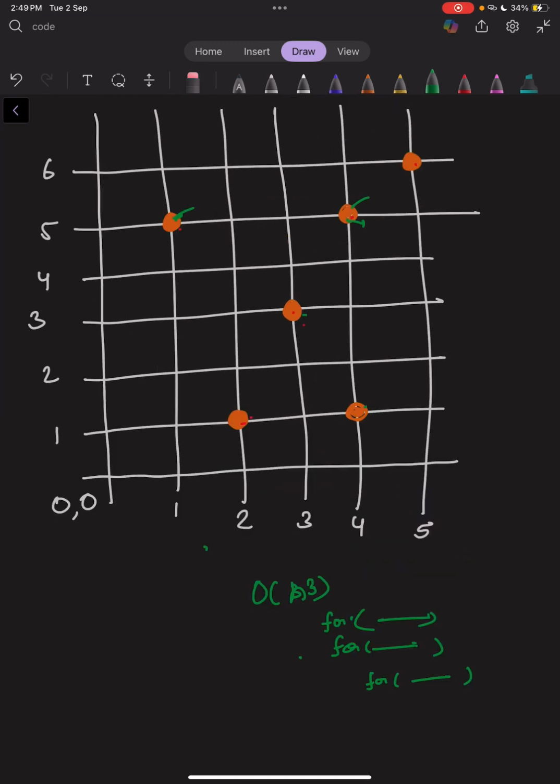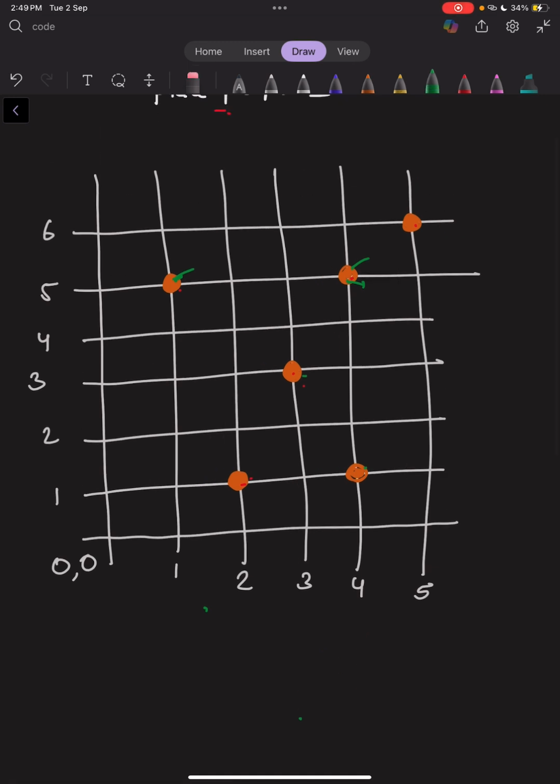Now what is the other, more optimized way we can use? The other way to find out how many pairs are forming a rectangle is, what if we go into these points line by line in sorted order?